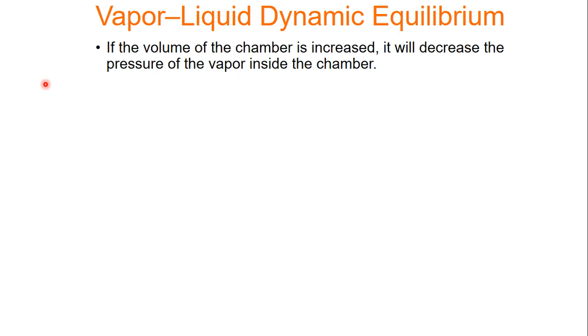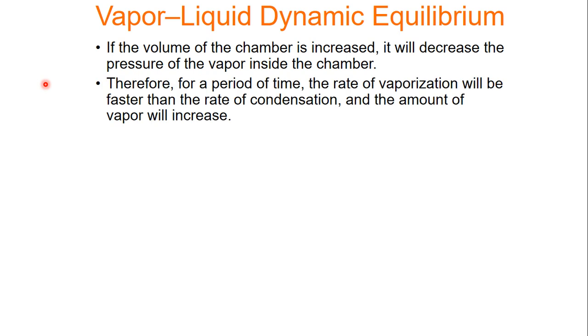So you keep the vapor molecules the same number, but you increase the area. That decreases the pressure. So that will mean you have just increased the volume, so your rate of vaporization will be faster than your rate of condensation. And this will in turn increase the amount of vapor.